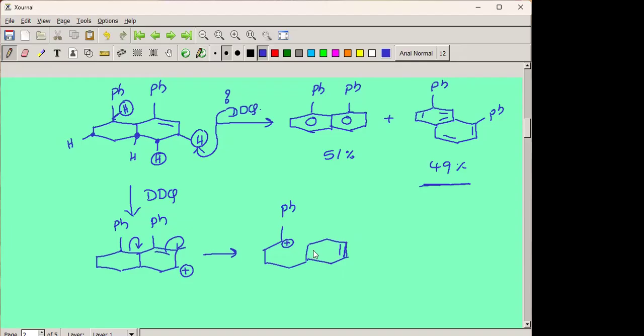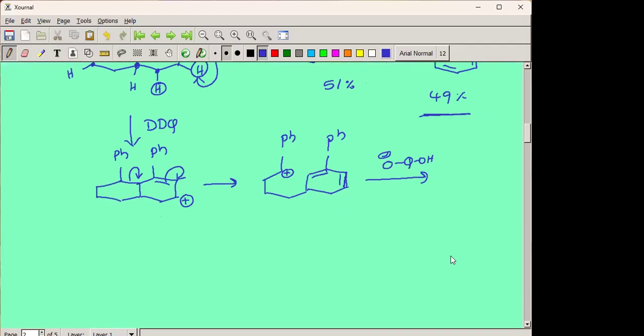Here it is a positive and negative, that will make a bond here. And this is a pH group. So now this is formed. And now from this DDQ we get an O minus, right, the QOH, that will be added here. So I'm going to represent that one like this.